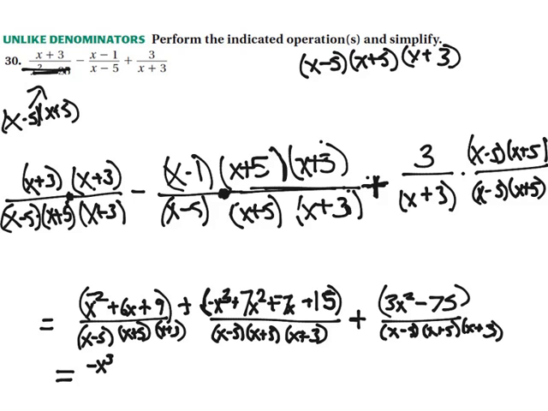And then x squared plus 7x squared will give me 8x squared, plus 3x squared is going to give me 11x squared. And then 7x minus 7x is negative x. So negative x. 9 plus 15 is 24, minus 75 is going to give me negative 51.